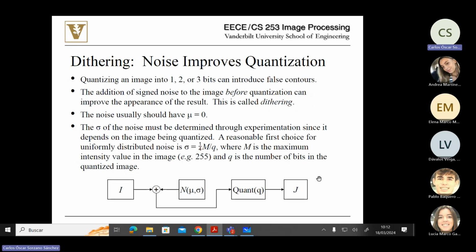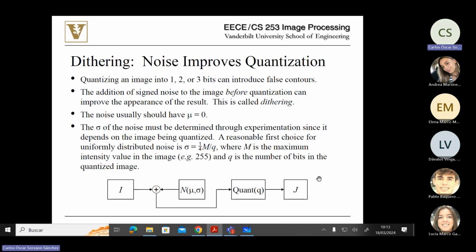The quantization we already know. Quantization is just taking the number of bits that you want. You are not even restricted to an integer number of bits; we will discuss that later.